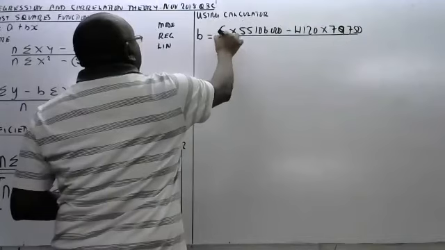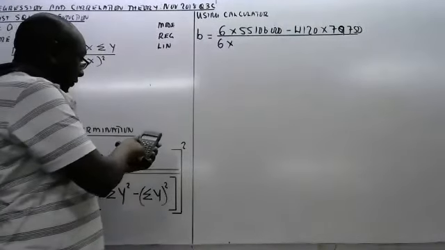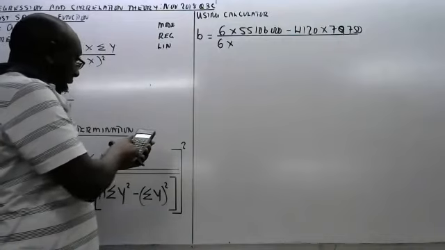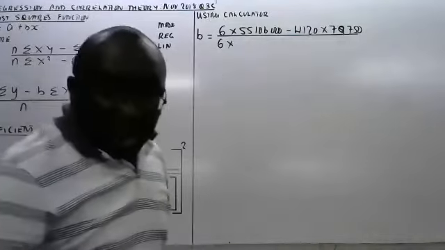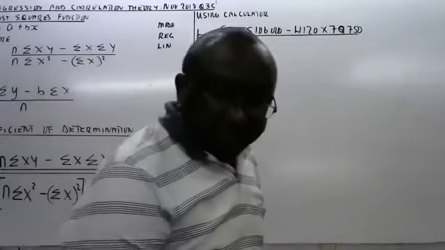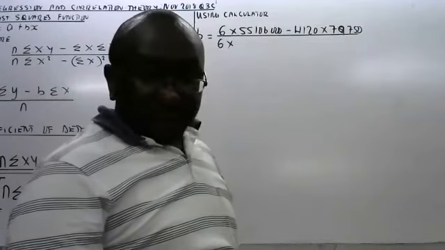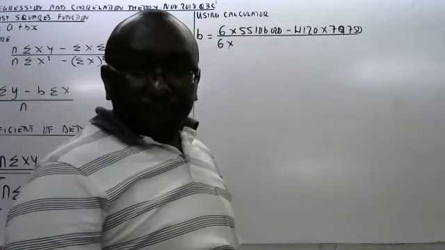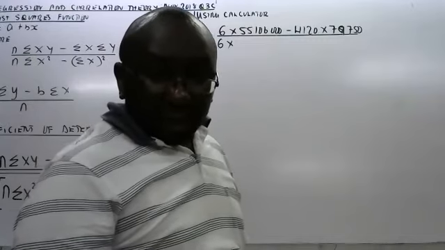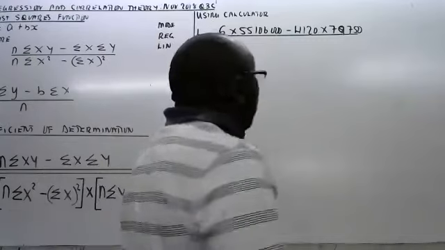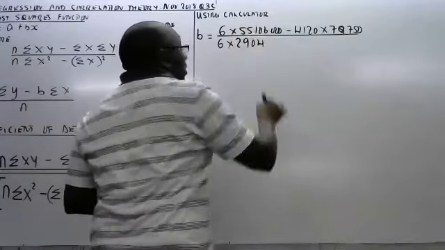Then we say 6 times sum of x squared. So shift, button number 1, sum of x squared is what do you have? Send me the answer. Yeah, 2904.